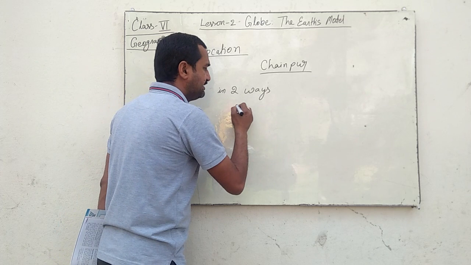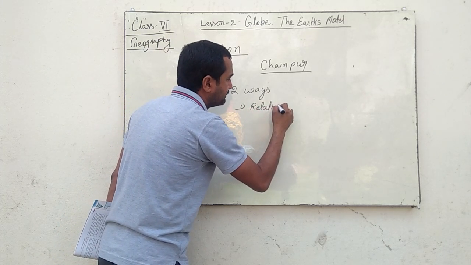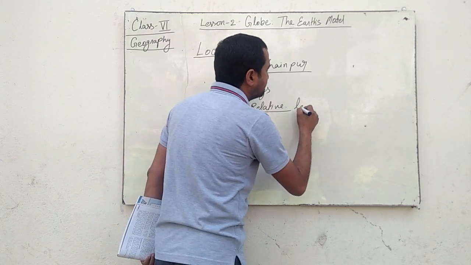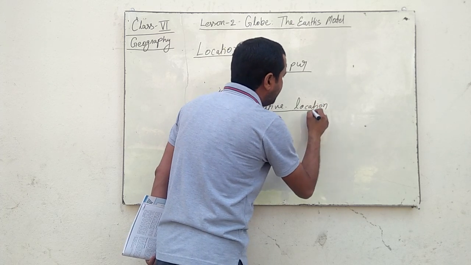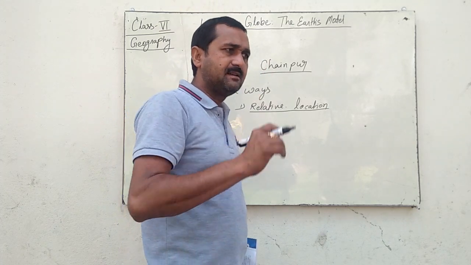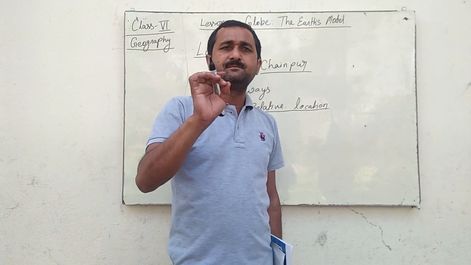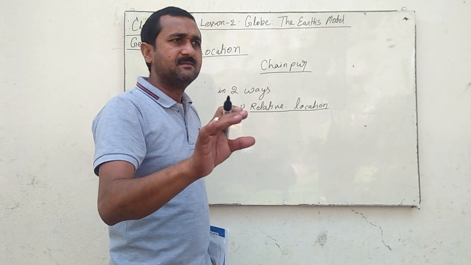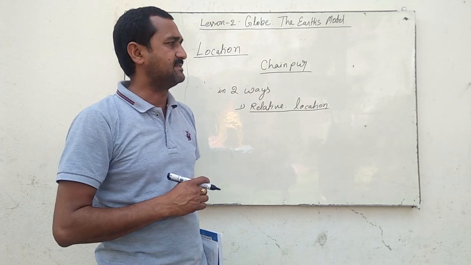Number one is relative location. Now, what is relative location? Relative location means we use some particular or important fixed known places to determine another less famous or less known place.